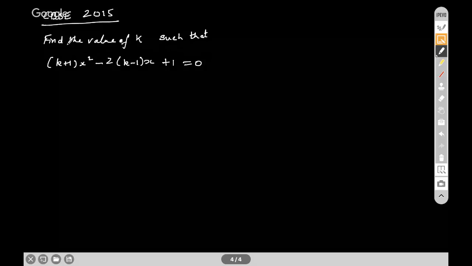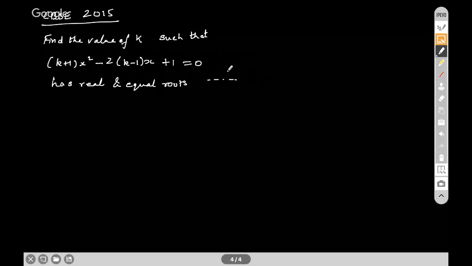Again, read the question carefully again and again. Don't misread the question. So find the value of k such that the equation (k plus 1) x squared minus twice (k minus 1) x plus 1 equals 0 has real and equal roots.